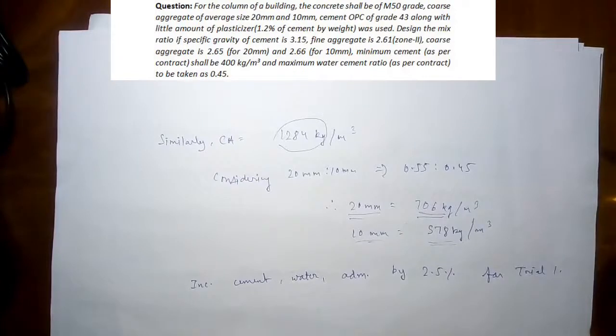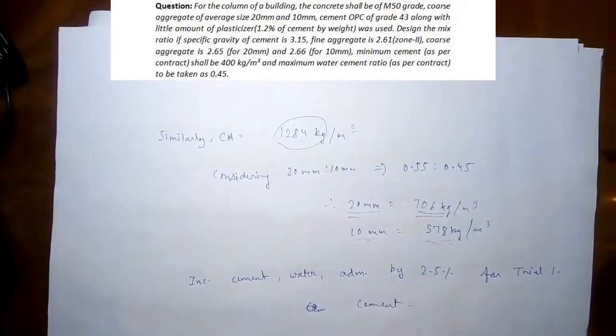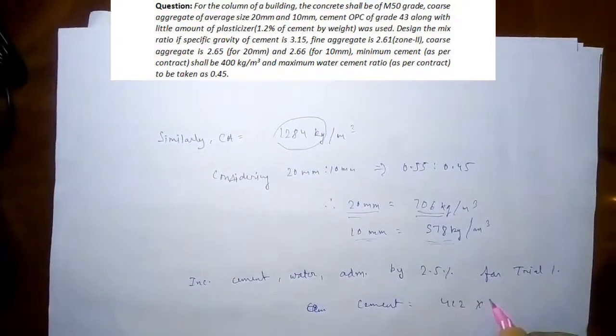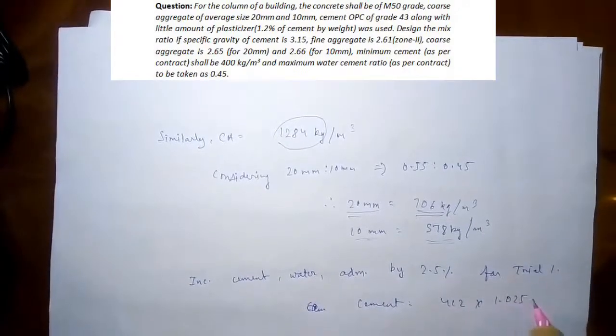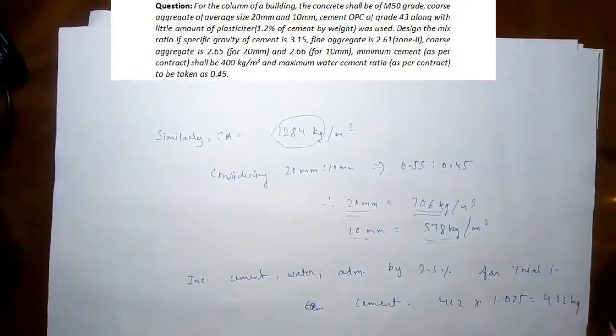So we will get cement equal to 412 multiplied by 1.025, and it is giving 422 kgs.